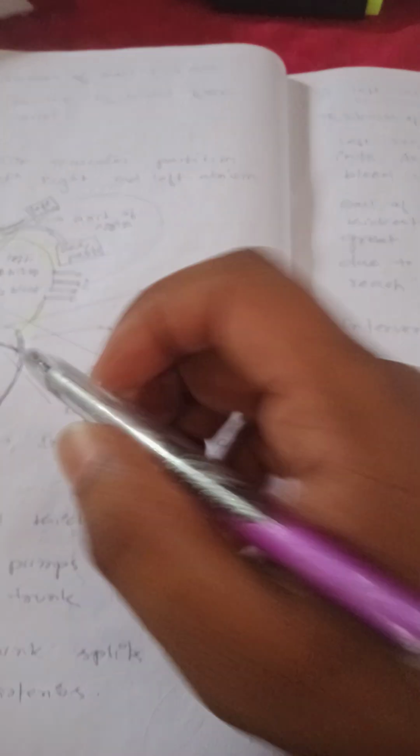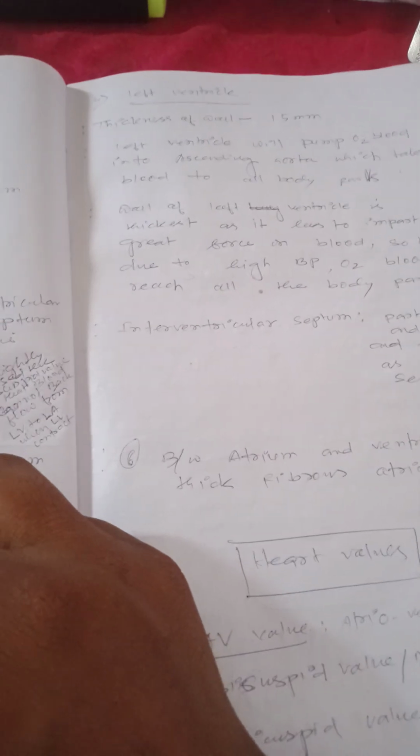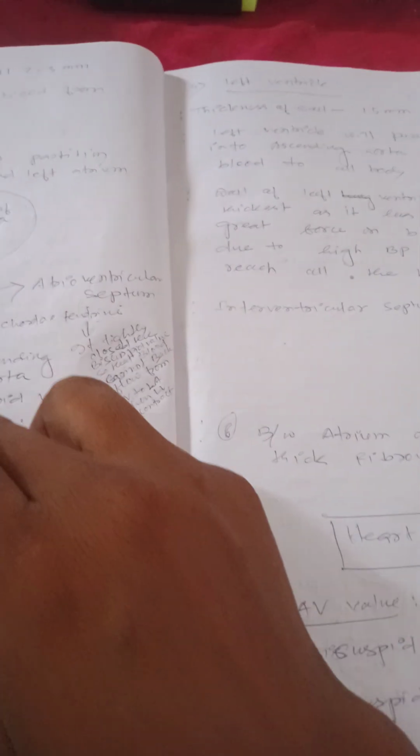Number 4. Left ventricle pumps the blood, for which blood enters into the ascending aorta.